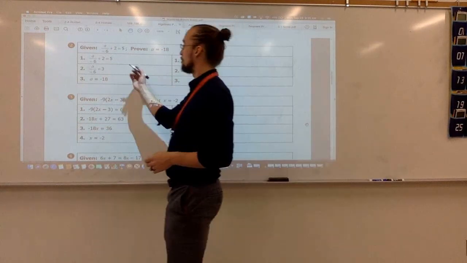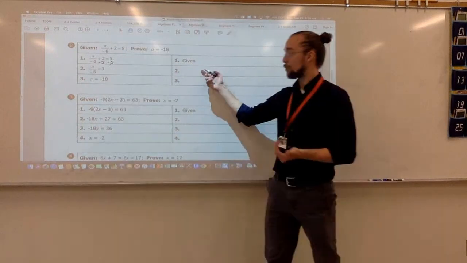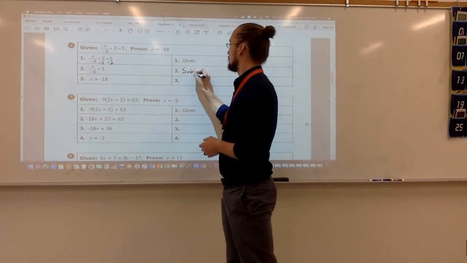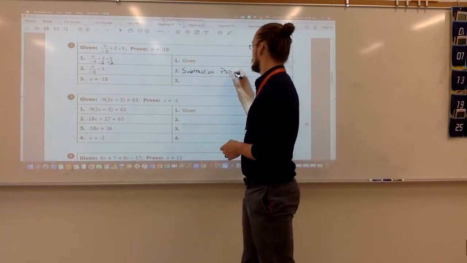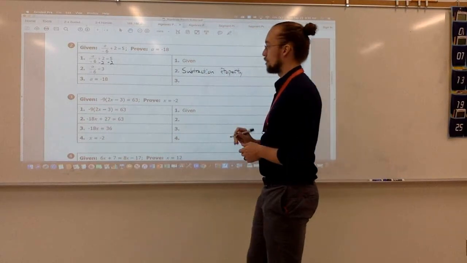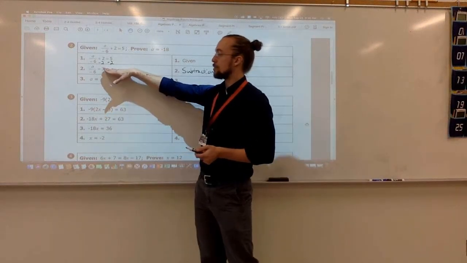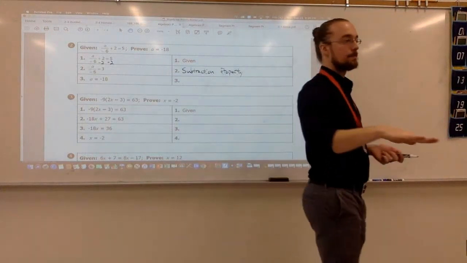Subtract 2 from both sides, right? Minus 2, minus 2. So a reason would be the subtraction property. Now, I've got a over negative 6 equals 3. What did I do from here to get a equals negative 18?